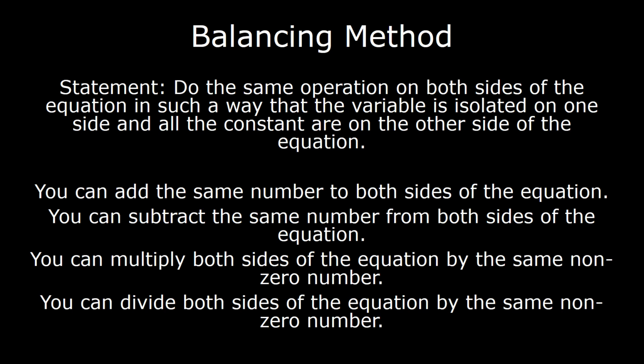You can add the same number to both sides of an equation. You can subtract the same number from both sides of the equation. You can multiply the same non-zero number to both sides of the equation. You can divide the same non-zero number to both sides of the equation.